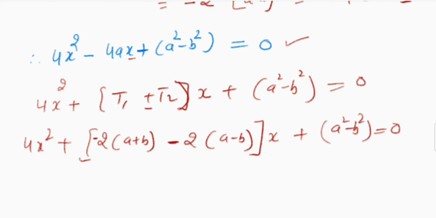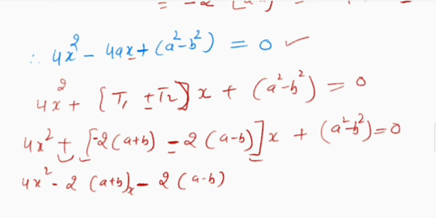Now let me open these brackets. I'll get 4x² − 2(a + b)x − 2(a − b)x + a² − b² = 0.